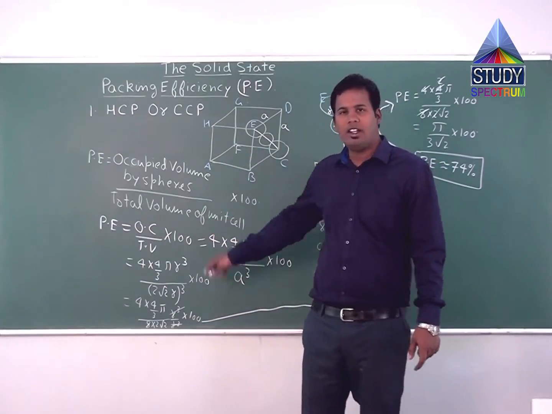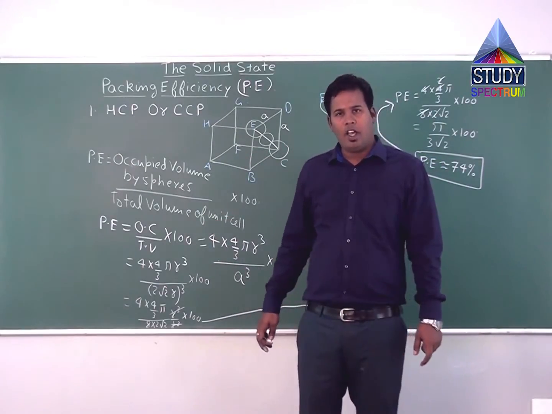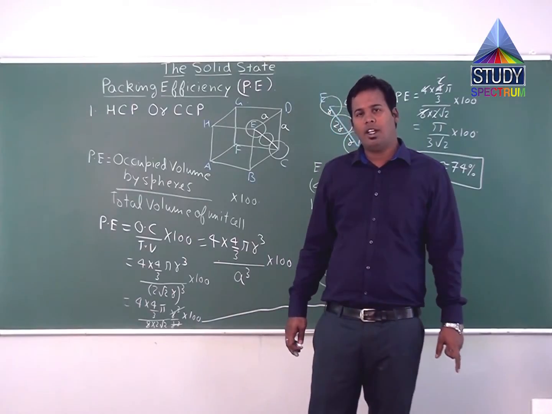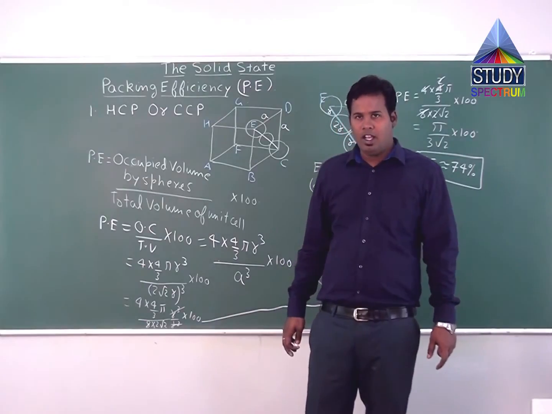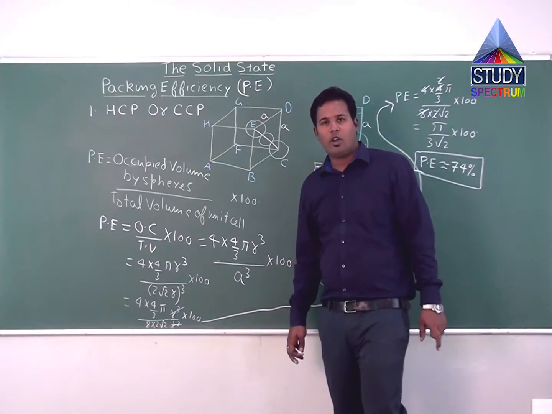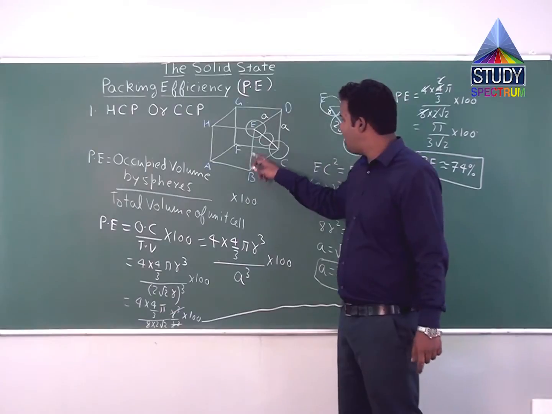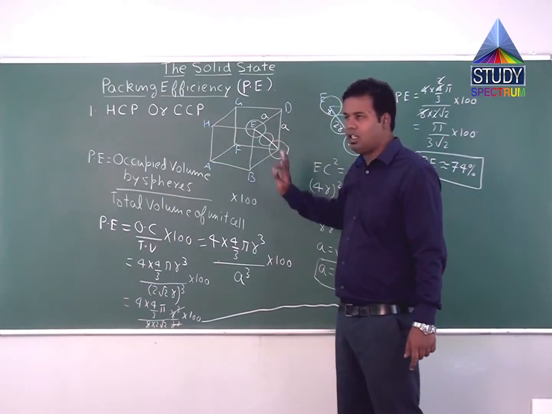Also this is a face-centered cubic unit cell, where spheres are present not only at the corners of the cube but also at the center of each face. Just for the sake of convenience of calculation, we have considered only one face, that is BCDE.